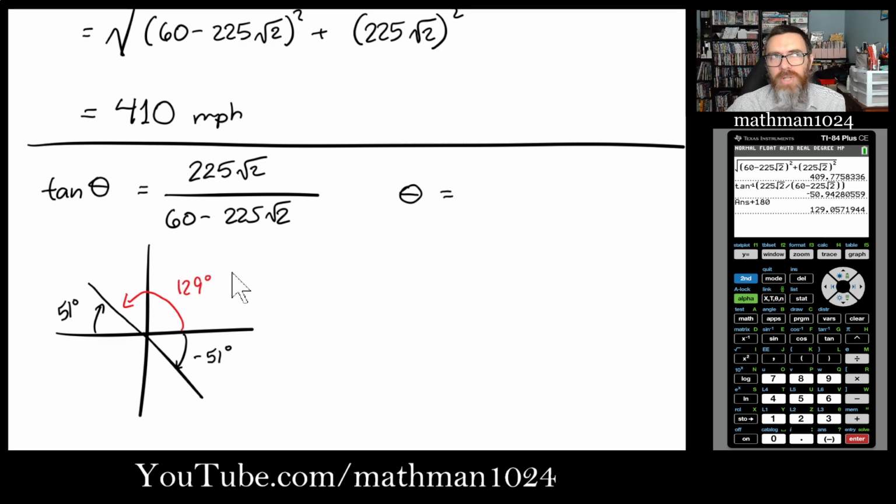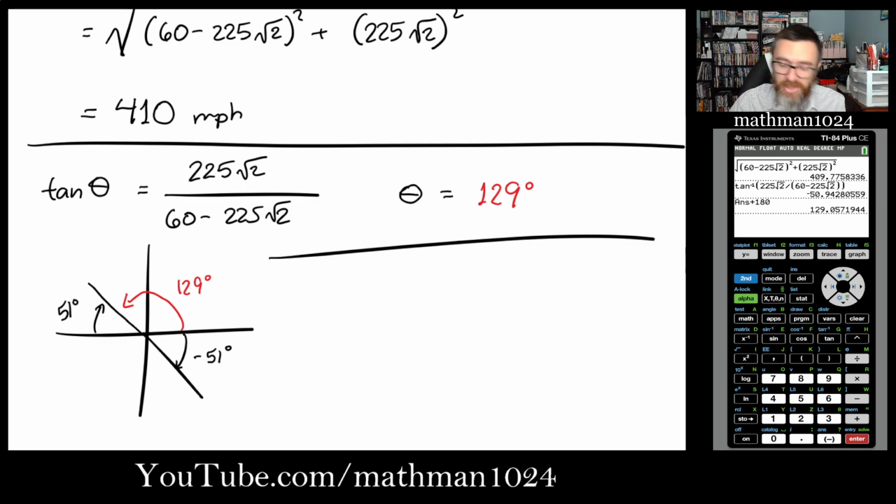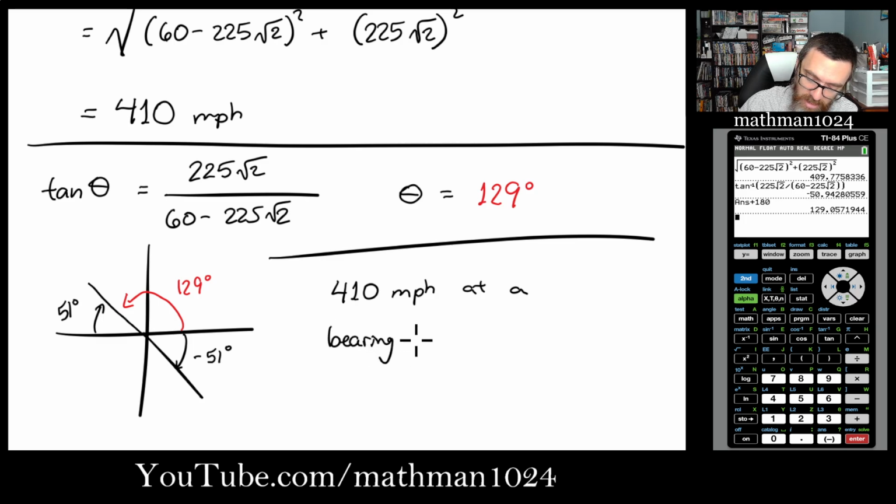But since we're talking about planes and we're talking about bearing, we want to make sure that we give an angle that makes a little bit more sense. So yes, the theta is 129 degrees. But what we would now say is that the plane is going 410 miles per hour at a bearing of north.